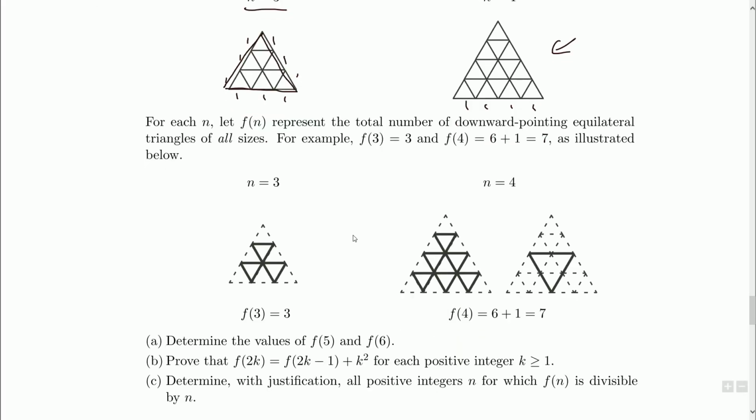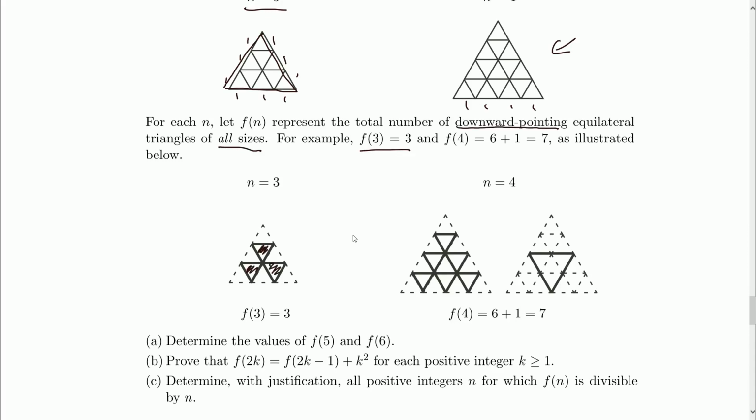All right. For each n, let F(n) represent the total number of downward pointing equilateral triangles of all sizes. Okay, they got to be downward pointing. They do have to be equilateral triangles. And so, for example, f of 3 is 3. Why? Because we've got 1, 2, 3 of them here.